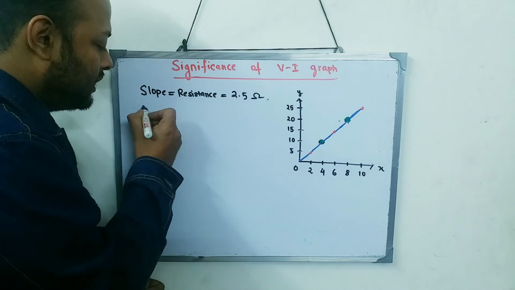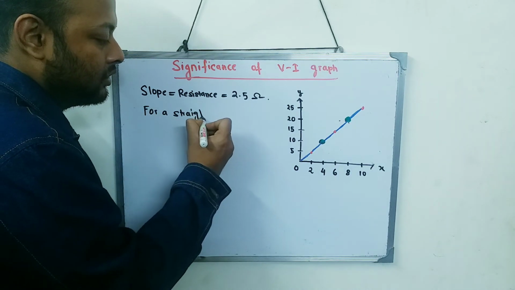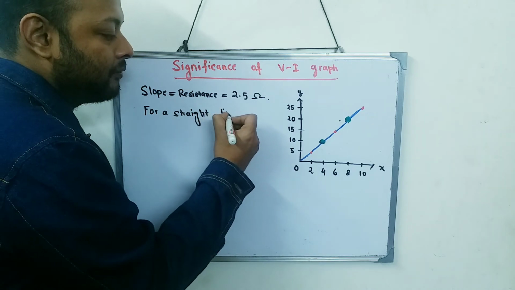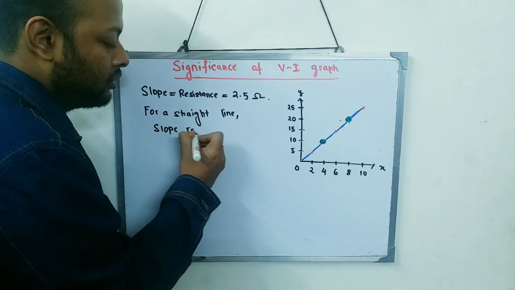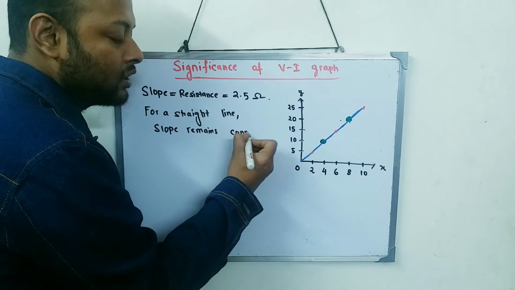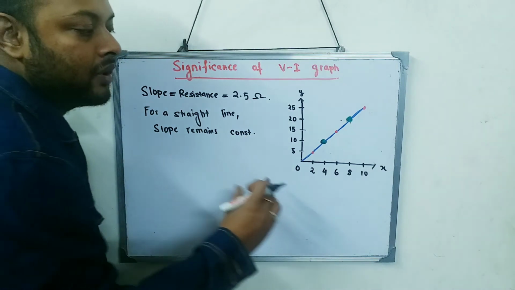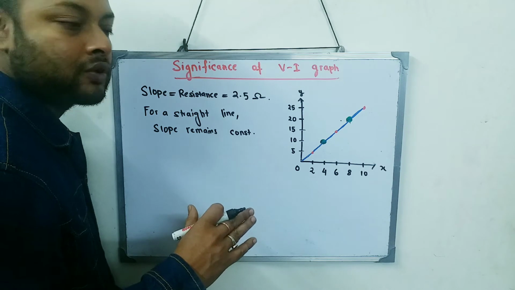So for a straight line, I can say the slope remains the same or constant. If the slope remains constant, that means my resistance also becomes constant.